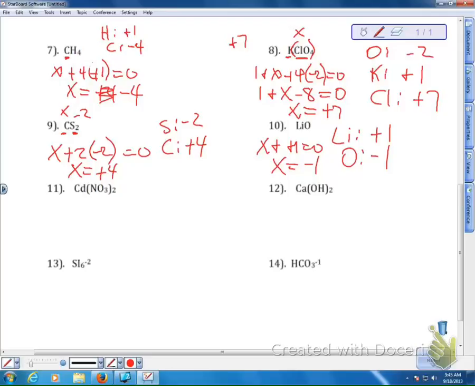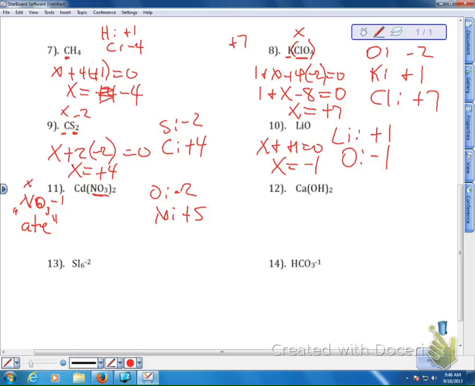All right, moving on to number 11, we have cadmium nitrate. In this case, oxygen is still the most electronegative, -2. I think it's easier to take this one, you could bring it out to the side and say NO3 -1, and then solve for X for nitrogen. Or, knowing that it's nitrate, ending in ATE, nitrogen has to be +5.